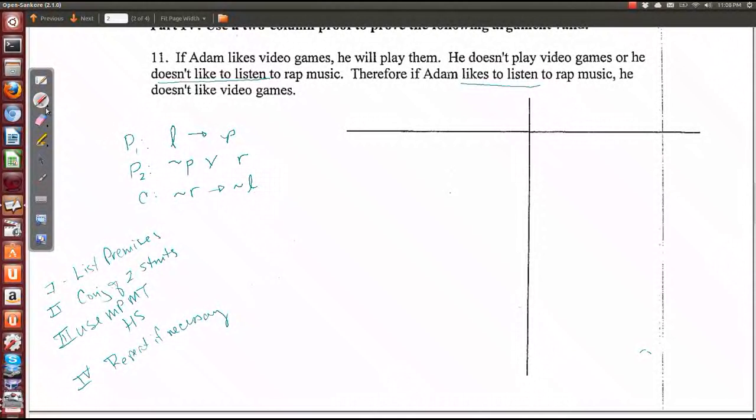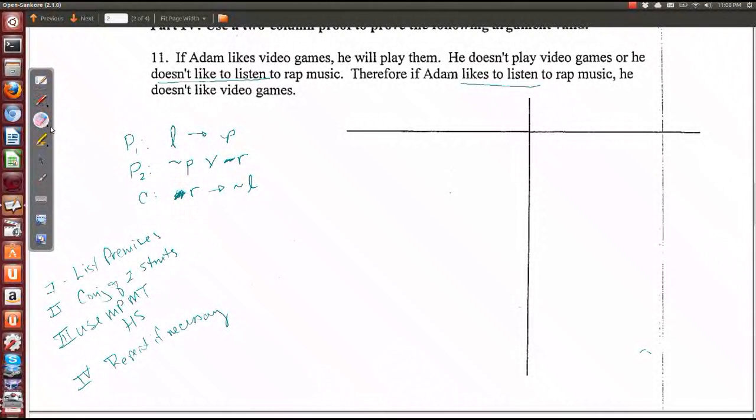Now, it is really easy to look at this from the standpoint of, well, I see the keyword not. What if I put a negation here? And that's fine as long as there's no negation here.